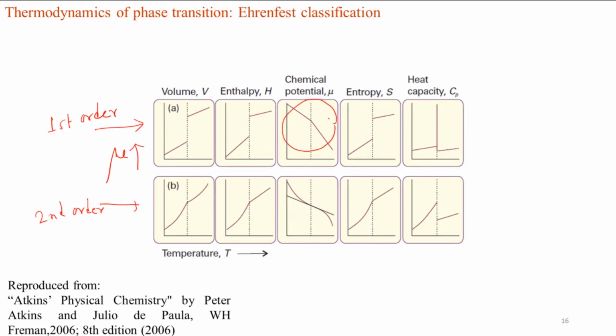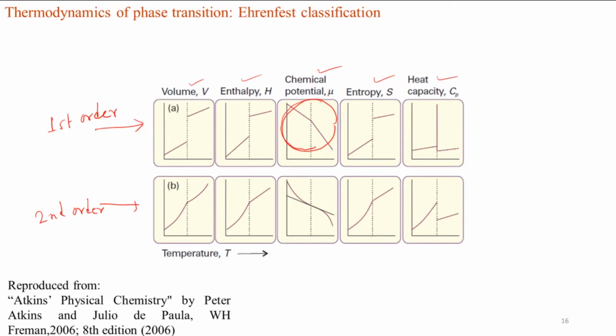We already discussed the chemical potential mu versus T curve, so that is shown here, but during the transformation, not only can you refer to your mu versus T curve, you can actually look at many other quantities. For example, the heat capacity versus T will also change, and Ehrenfest said that all these quantities like volume, enthalpy, chemical potential, entropy, heat capacity, will all be discontinuous, or the slope of the curves will be discontinuous at the transition.